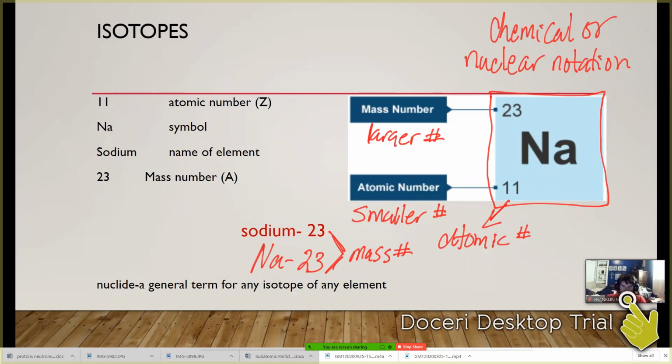Remember, symbol is kind of the abbreviation, although it doesn't always seem to go with the name of the element. Atomic number is always going to be your smaller, mass number always your larger. Atomic number is represented by Z and mass number is represented by A. Not really for sure where those came from.